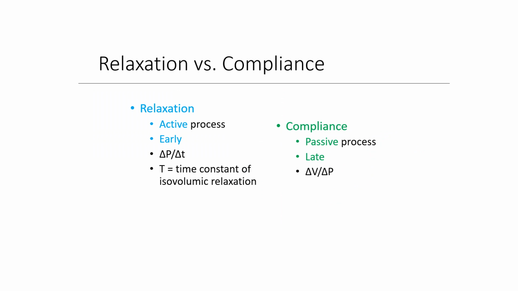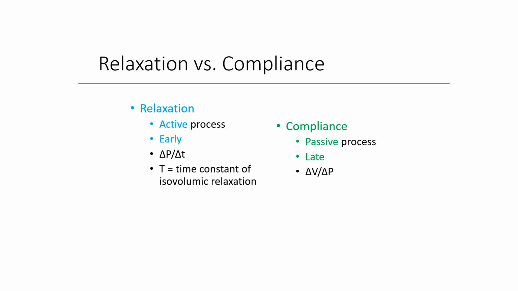So the initial early filling depends on ventricular relaxation, which is an active process that requires ATP for the ventricle to relax after the actin and myosin filaments have overlapped. And this happens earlier. This is in contrast to the late process where the ventricle has to accept what is coming in from the atria when they contract.